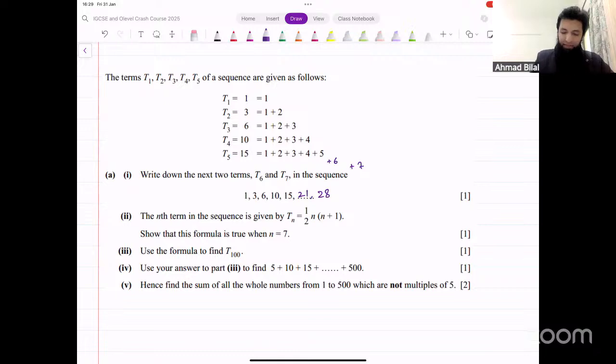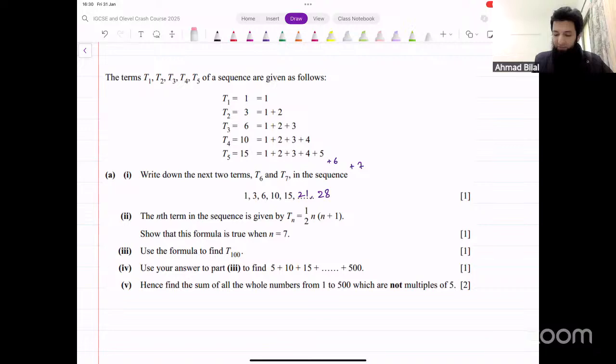Now it says the nth term in the sequence is given by this formula. Show that this formula is true when n is equal to 7. Now we have already written down the value for T7, which is 28. So what you have to do is put n equal to 7 in this formula and prove that that also gives you 28.